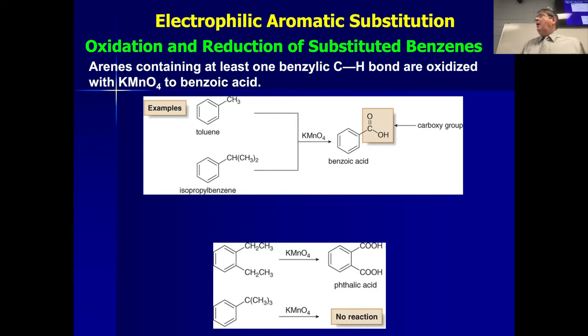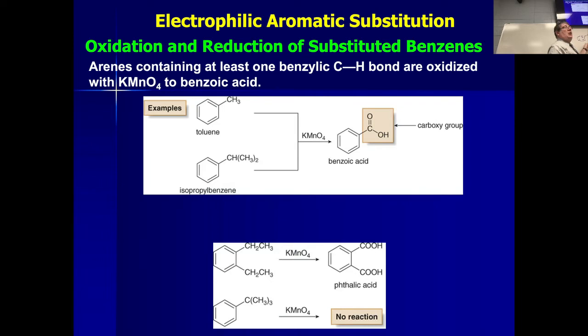All right, there was one slide that we didn't get to last meeting, and it was on the oxidation of substituted benzenes. When you have an alkyl group on an aromatic ring, or a benzene ring, so here we have, what would we name this? Toluene.